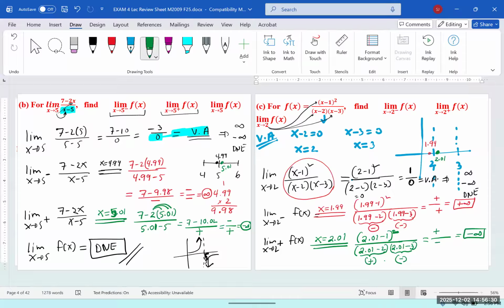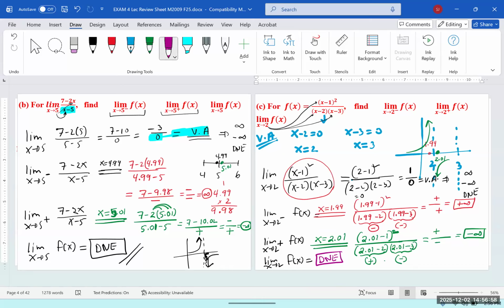Our left side is telling us that our graph is going to positive infinity, and our right side is telling us we are going to negative infinity. That means exactly at 2, the limit as x goes to 2 doesn't exist because the left side limit and the right side limit are not the same.